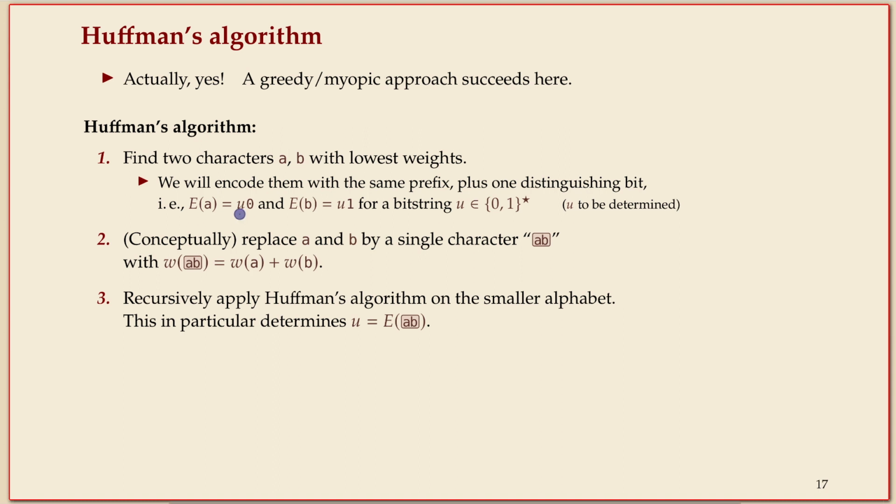They will be encoded to some string u, and then I'll use one more bit to distinguish between A and B. So I'll decide for now the code word for A will be some string u followed by 0, and for B it's some string u followed by 1, so I can distinguish the two. But I don't know what u is yet.